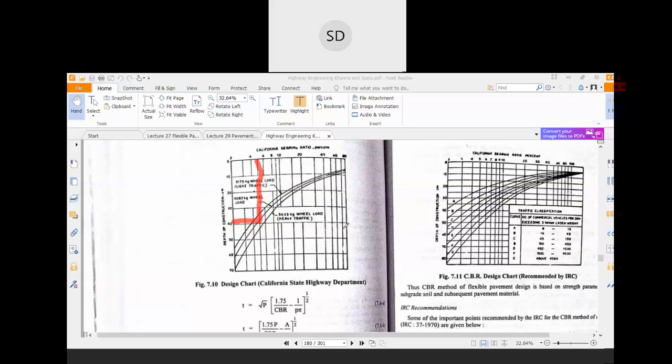Whatever design we have discussed today, you can get from the internet. Today we discussed the design of the total thickness, which is a very basic portion. Next week we will discuss how to design the different layers of the flexible pavements.